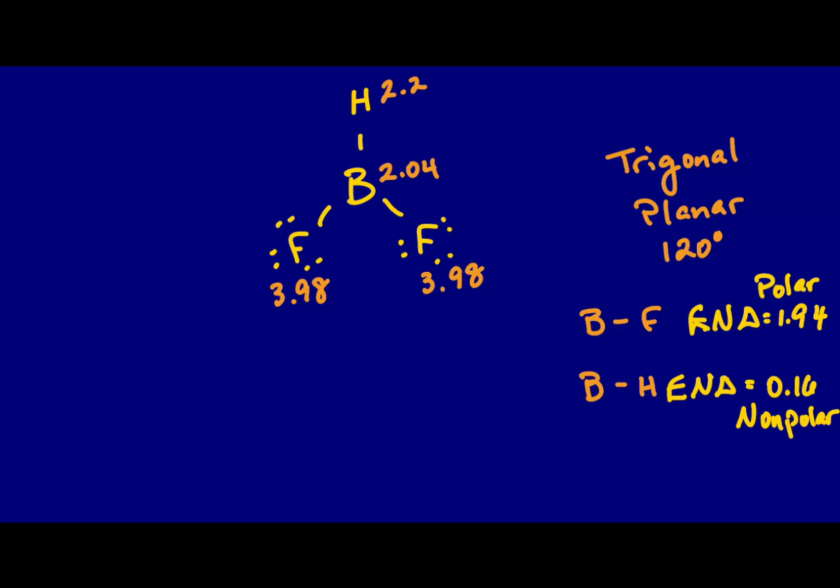But we are able to draw the dipole arrows for both of the boron-fluorine bonds. Both of these bonds have the same difference in electronegativity, while the boron-hydrogen bond is the odd one out. Now, if we think about symmetry and we think about the way that dipoles cancel, do you think that these dipoles will be able to cancel each other out?